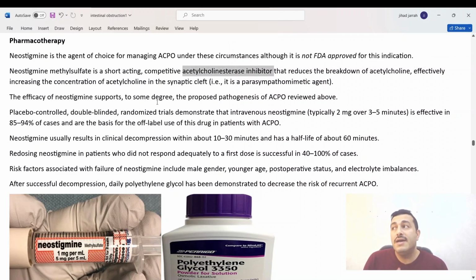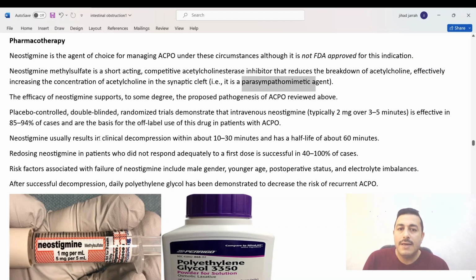So it inhibits the enzyme that degrades acetylcholine. So it reduces the breakdown of acetylcholine, and so increases the acetylcholine concentration, and so it increases the parasympathomimetic action.